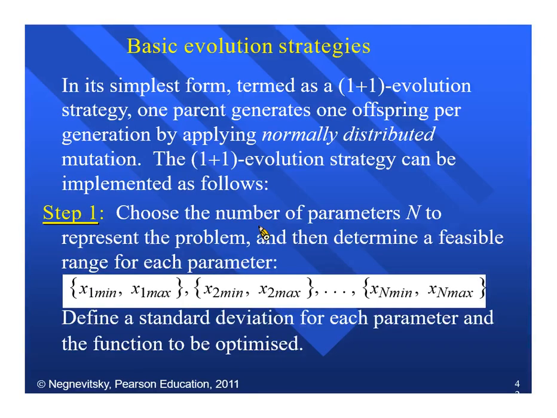One parent generates one offspring per generation by applying normally distributed mutation.